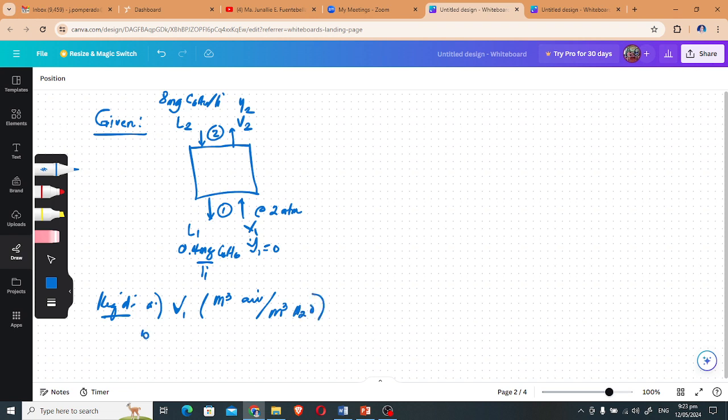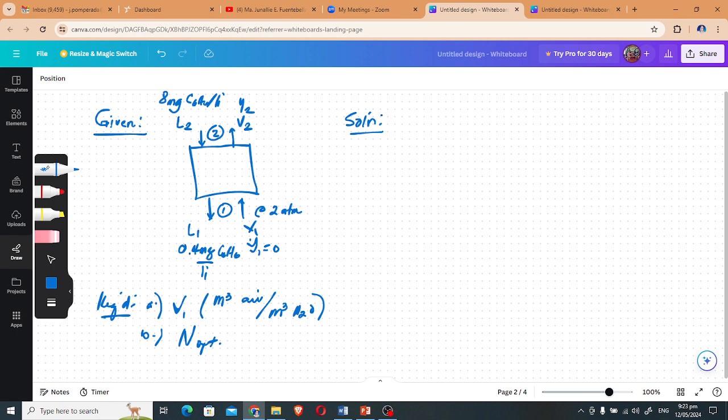And then for letter B, we'll have the optimum number of stages. So this will be our simple representation of what the problem gives us and what it requires. So let's go to the solution.